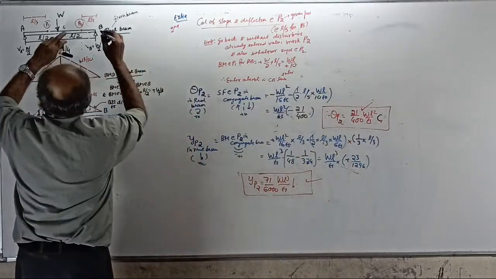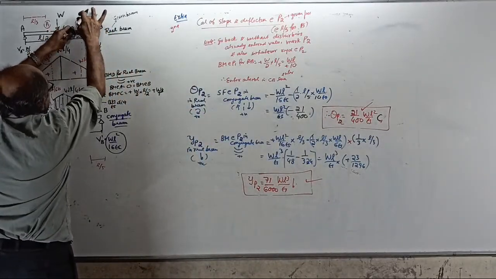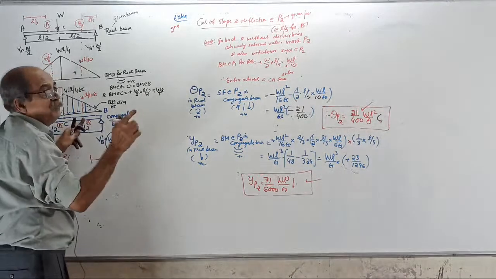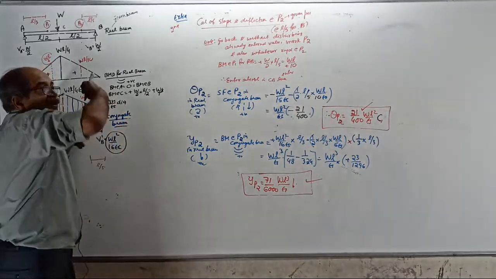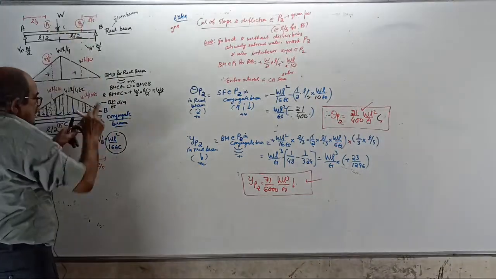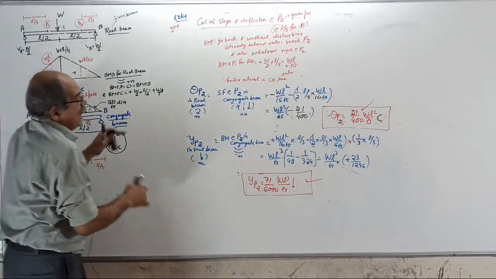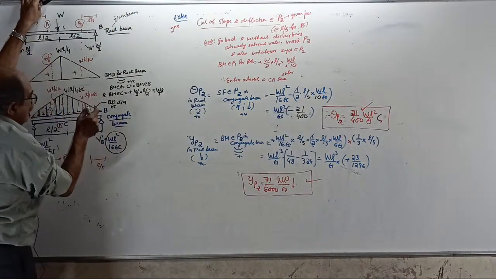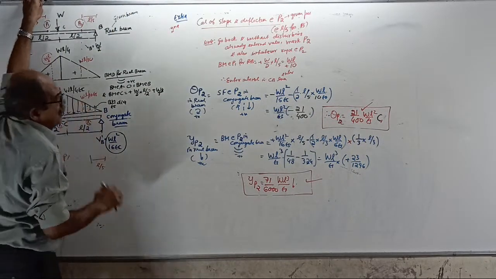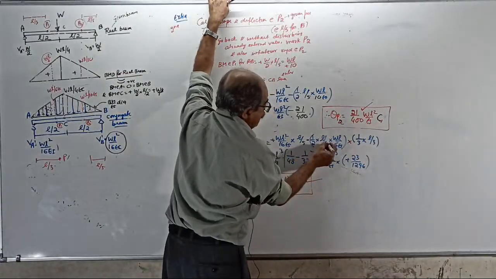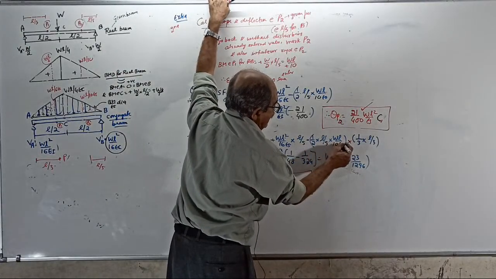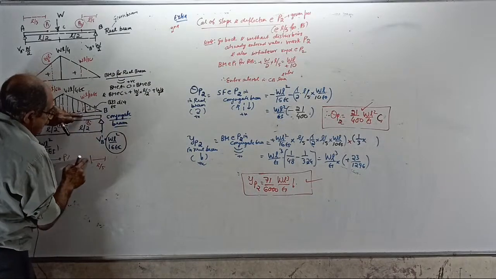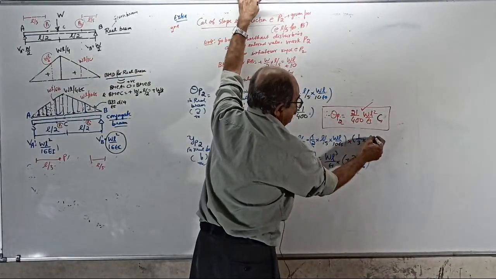Next, deflection at P2 for the real beam equals bending moment at P2 in the conjugate beam. For bending moment, no clockwise or anti-clockwise, sagging positive: plus WL square by 16 EI into L by 5, minus the moment of this load, half into L by 5 into WL by 10 EI, into the moment about this point, 1 by 3 of L by 5.